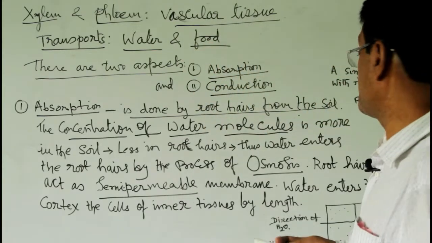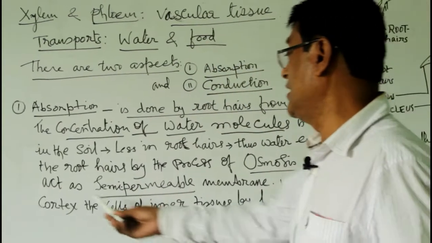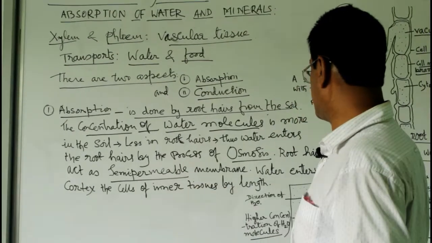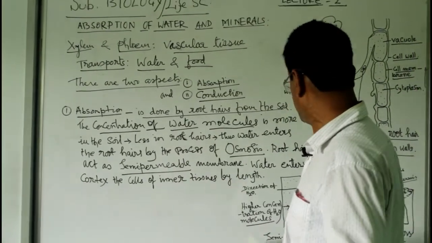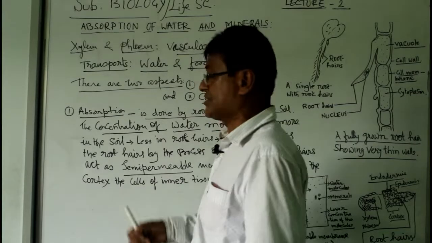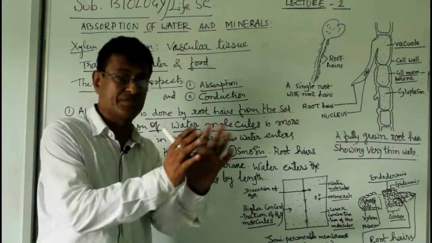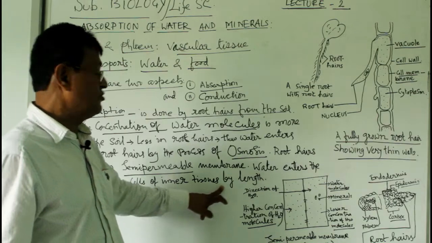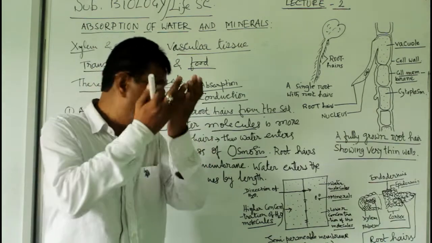Here you see the root hairs act as a semi-permeable membrane, because they have thin walls. Water enters the cortex. Cortex means the adjoining cells made inside, the cells of the inner tissues, and they move by leg.